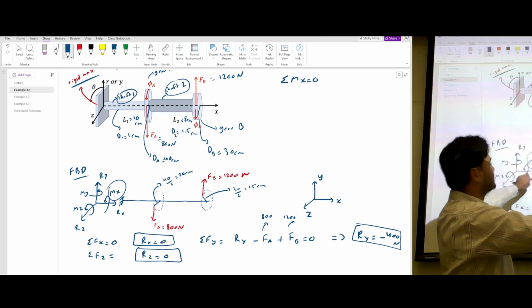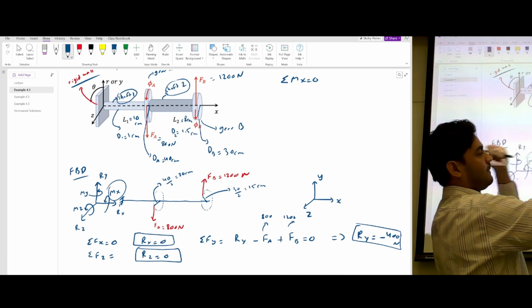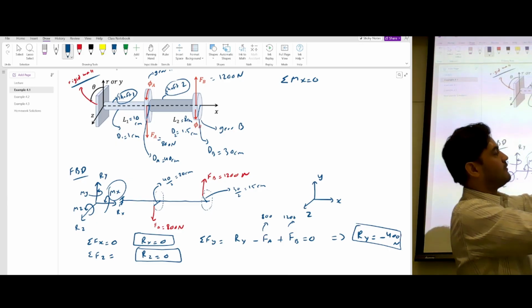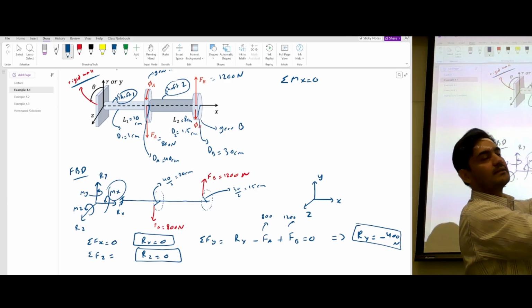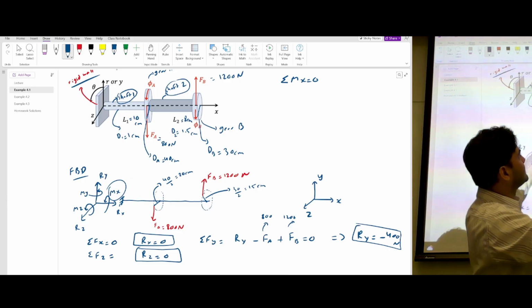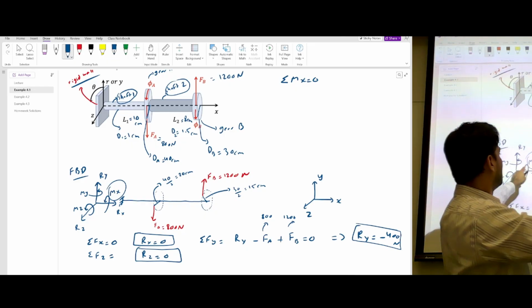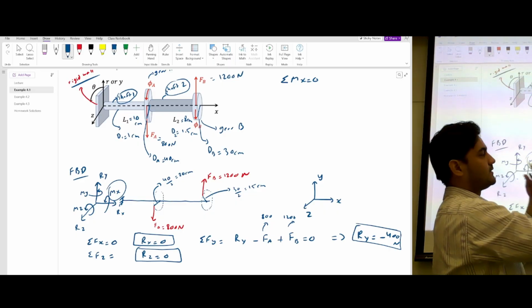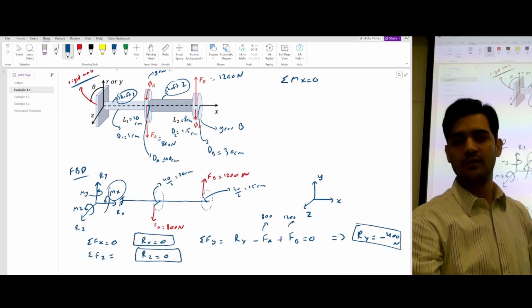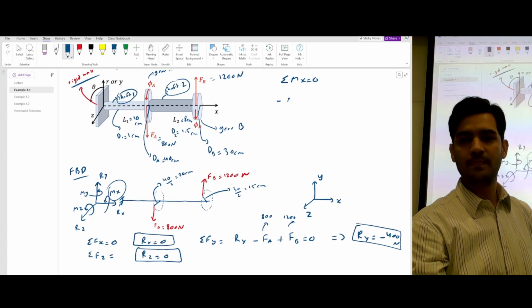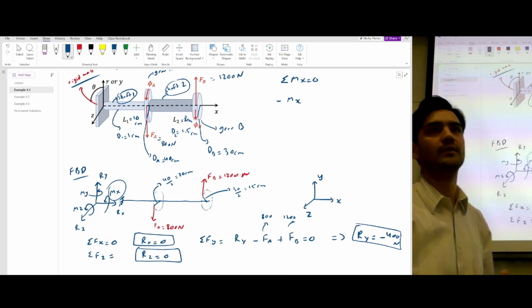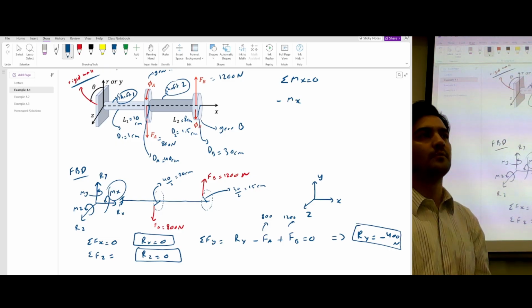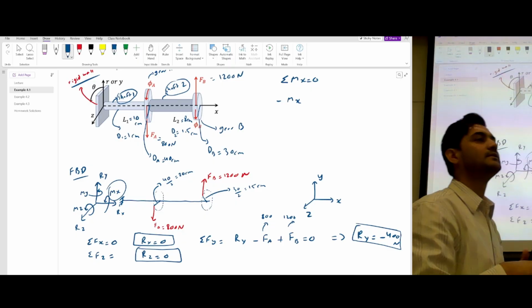In this case, the direction of the moment is opposite to what we have decided as the positive x-axis, right? The positive x-axis is in this direction, but I've drawn the moment in such a way that the direction is opposite. So I'm going to put negative Mx for this moment because this is opposite to that.